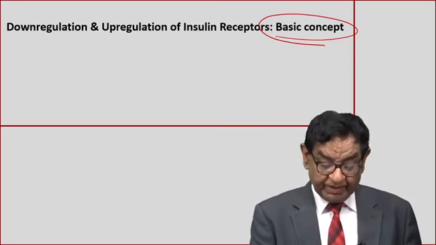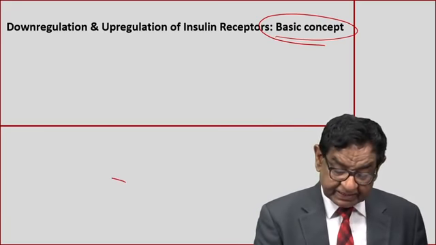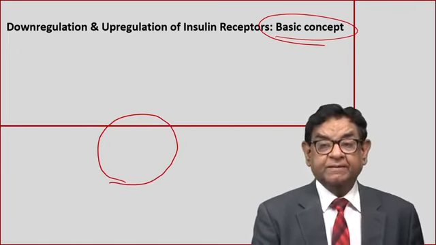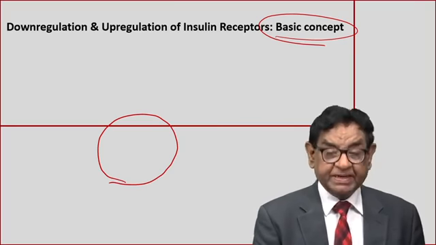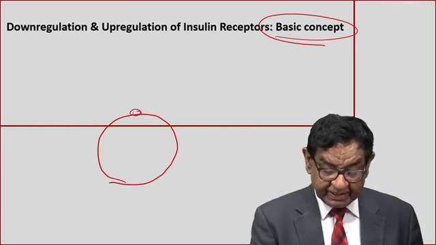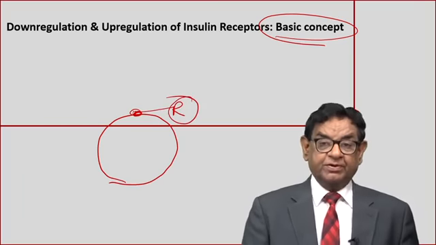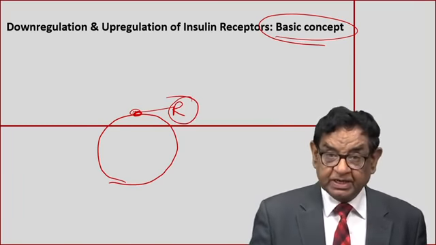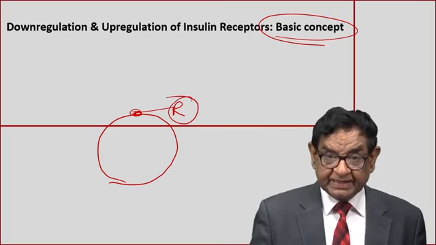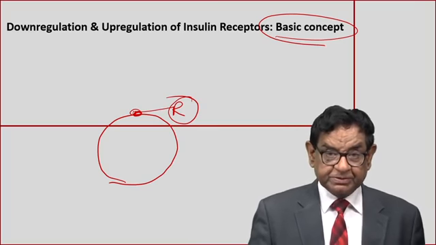Well, we all know very well that this is the cell, and here we have the beta cell of the pancreas. Here we have receptors, R for receptor, for insulin, by which it gets attached.